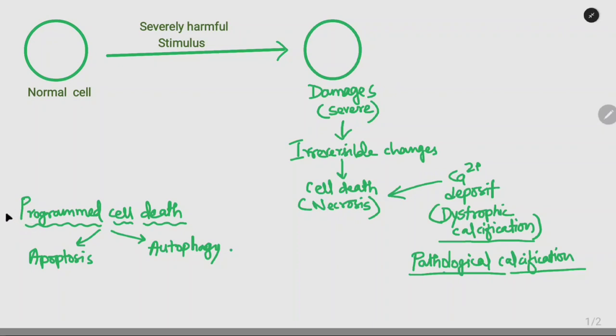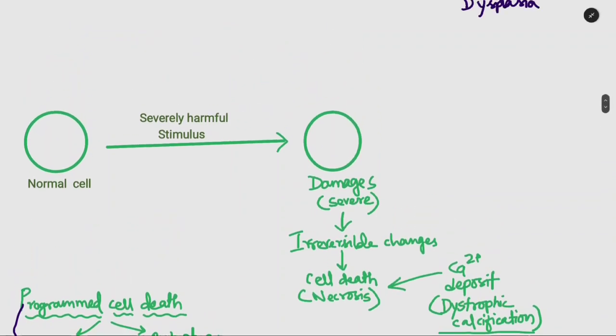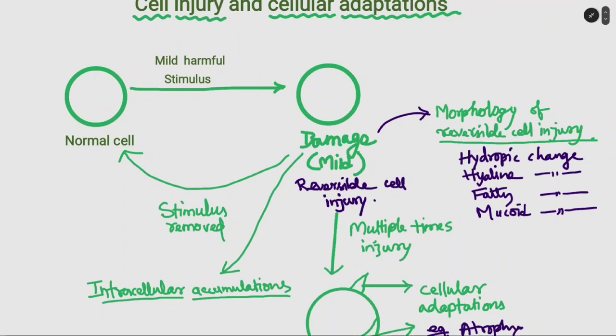We will also learn about some variants of this programmed cell death, like necroptosis, pyroptosis, and ferroptosis.